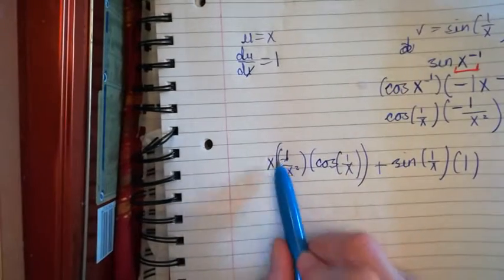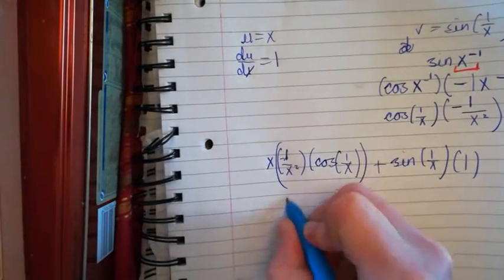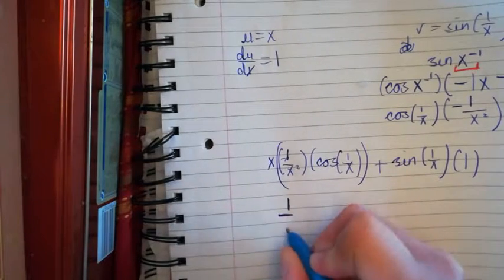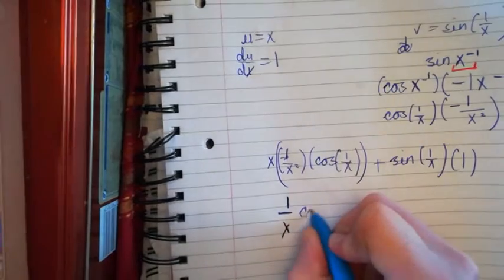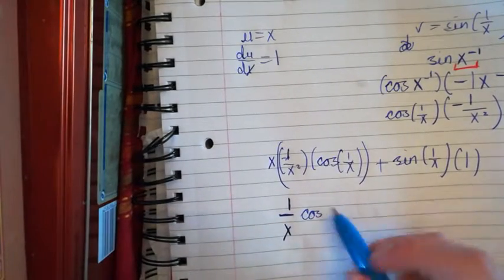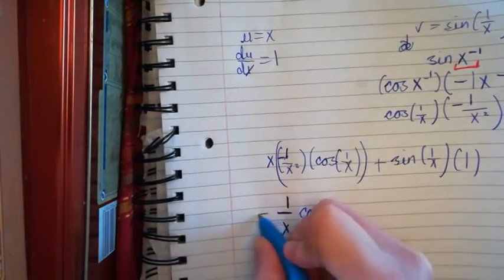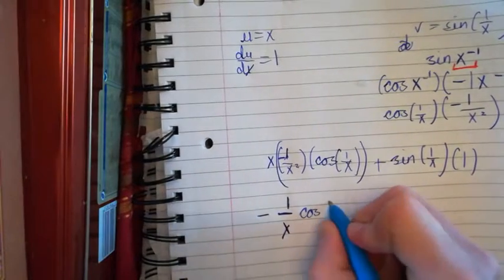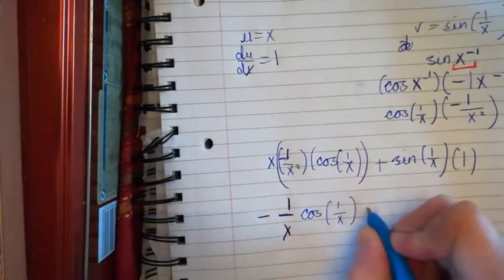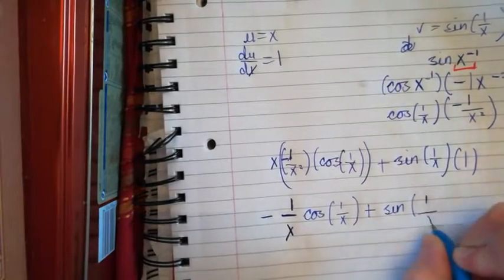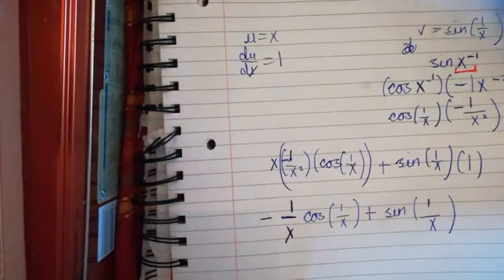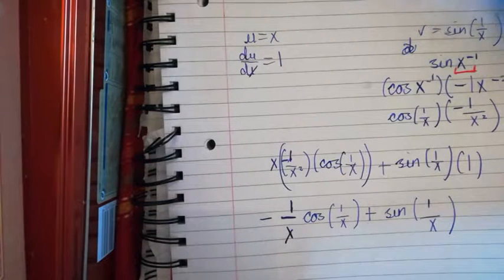I'm multiplying by an x outside, so it's just going to be, sorry, that's a minus here, minus 1 over x by cos of 1 over x plus sin 1 over x. And so that is our derivative, the derivative of the function that we were given.